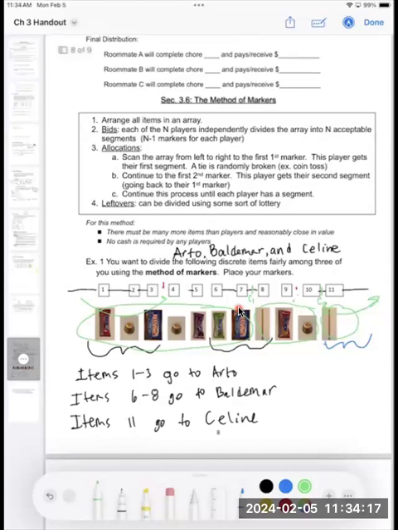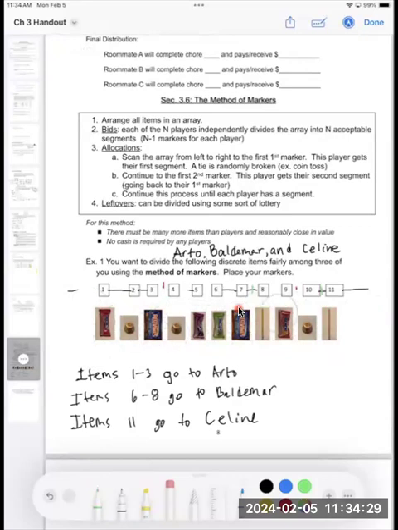All right, and then you may be thinking, hey, there's actually some left over, right? So let me erase what I have written on here, and I can now circle what each person has, and I'll try to do it in the colors that I made for them. I think Arto was red.